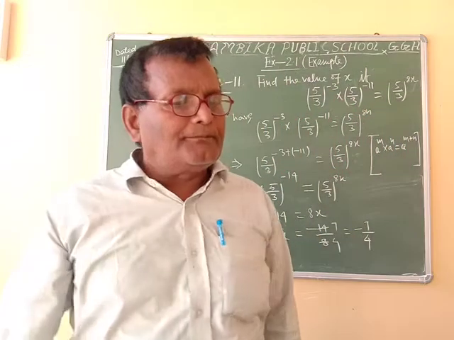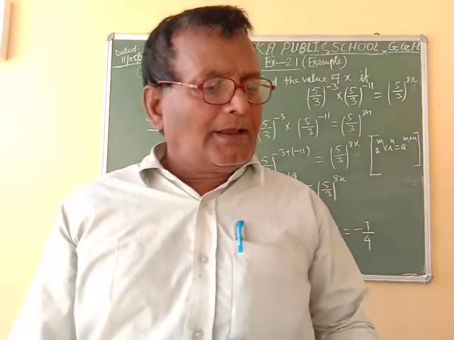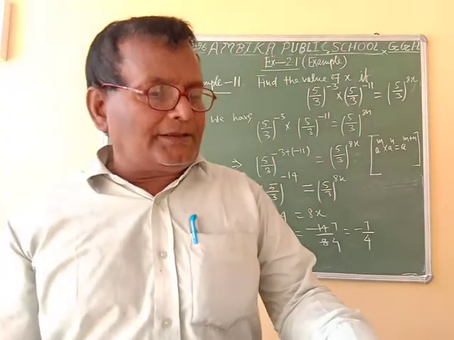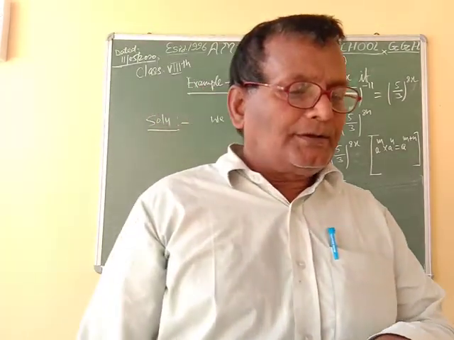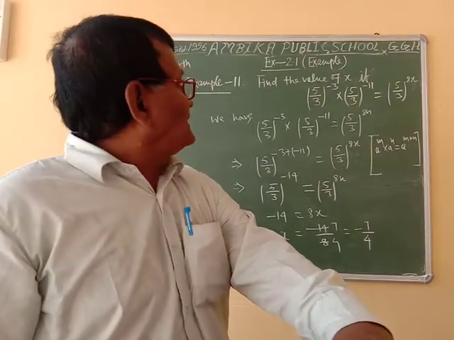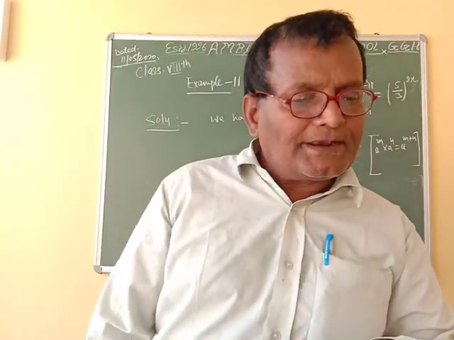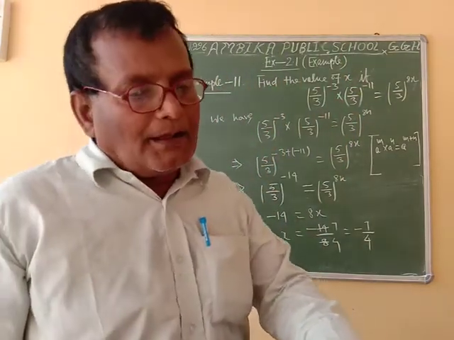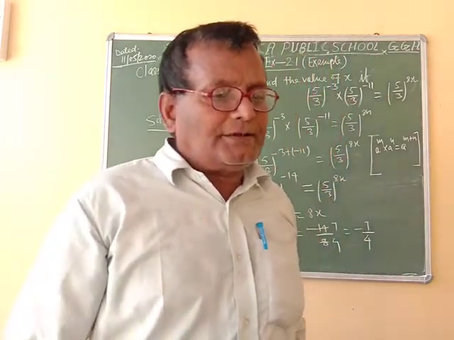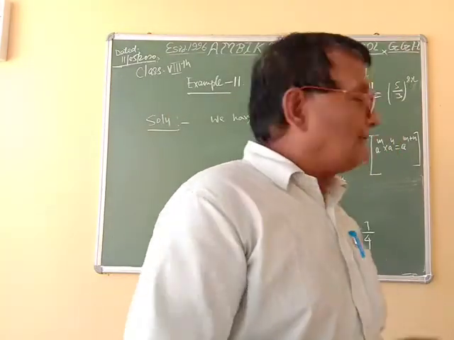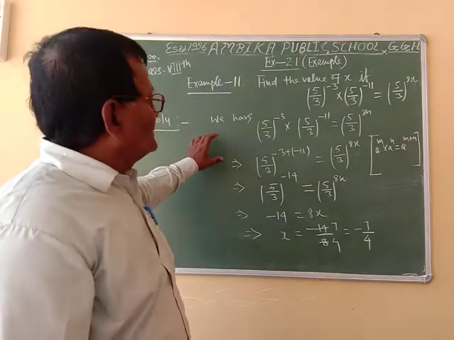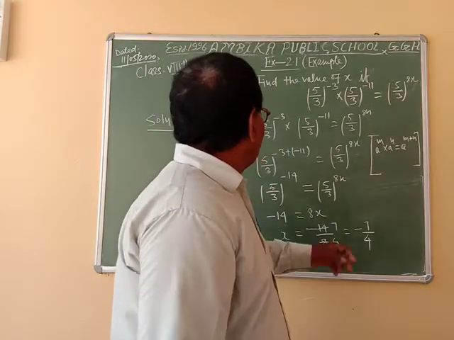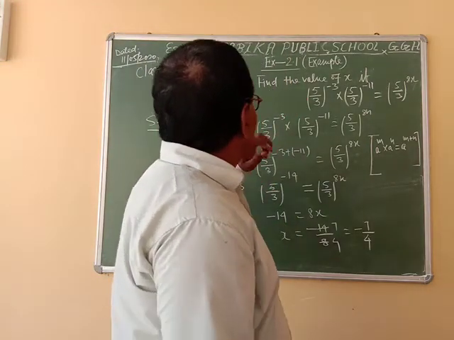Here in your book, there is a misprint in this problem, because (5/3) to the power minus 3 is given, but in the solution minus 3 is not given, minus 5 is given. There is a mistake. So according to the given problem, the answer will be minus 7 by 4.